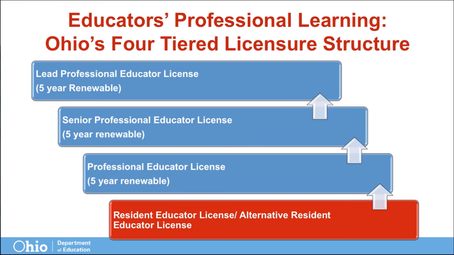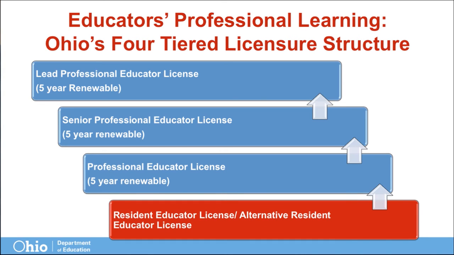Professional learning is embedded throughout Ohio's 4-tiered licensure structure and is required to advance and maintain licensure. Residency leads the way. Resident educators are engaged in professional learning throughout the 4 years of their residency in the Resident Educator Program, and they must successfully complete this phase in order to advance to the 5-year professional educator license.